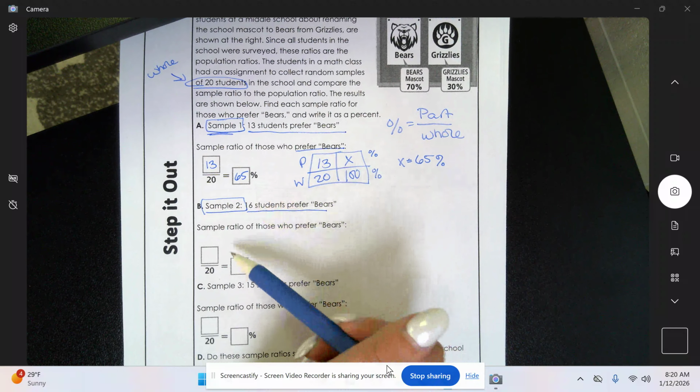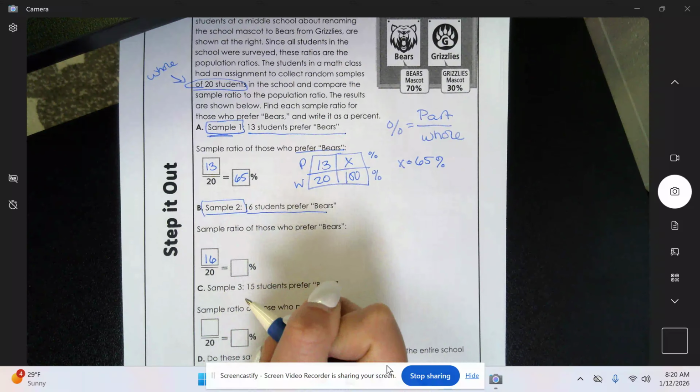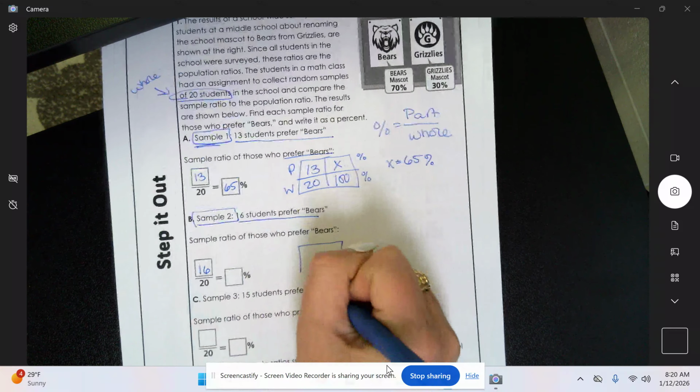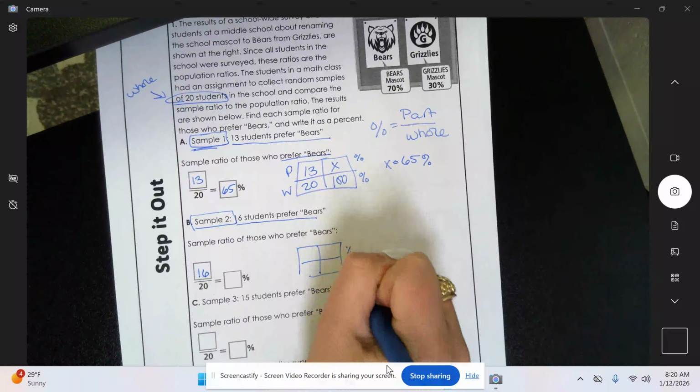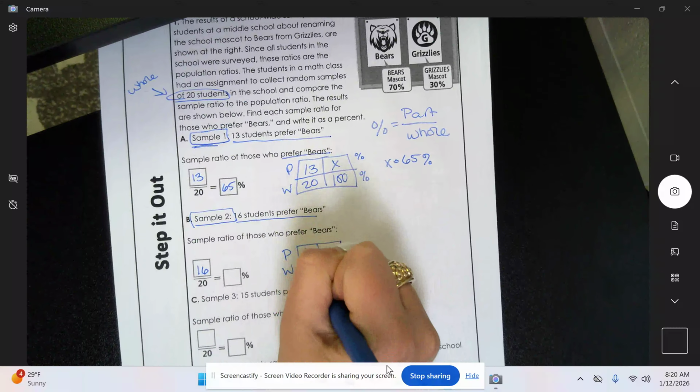Well, we could compare it as a fraction. We could do 16 over 20. But it's just easier to compare it in the form of a percent. So I could put it in a percent box. Part to whole, 16 over 20.